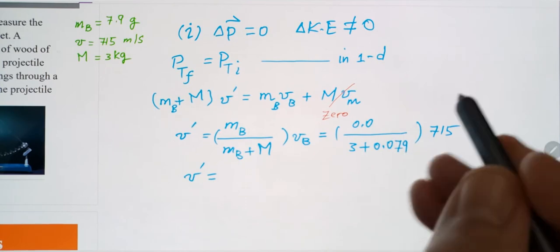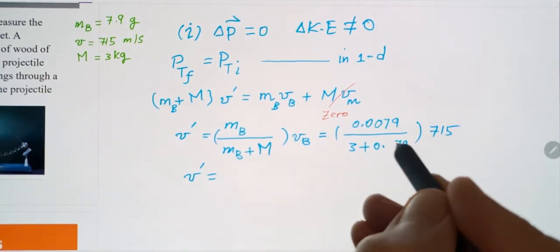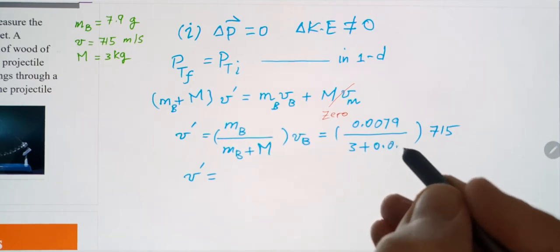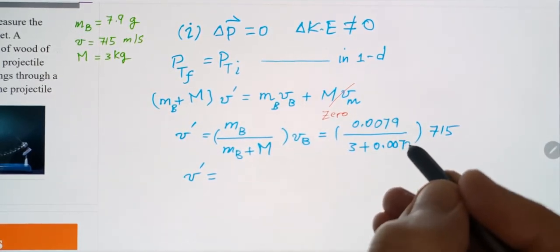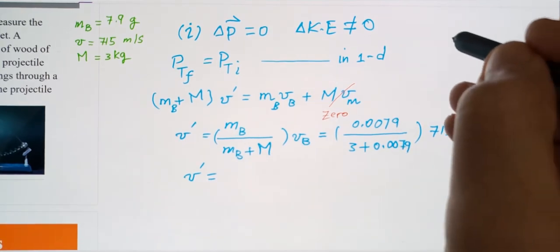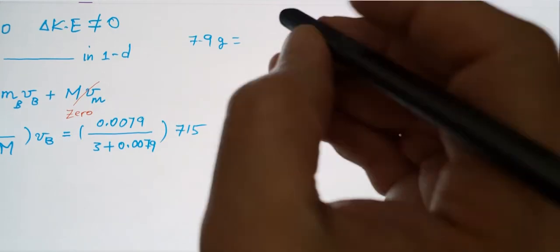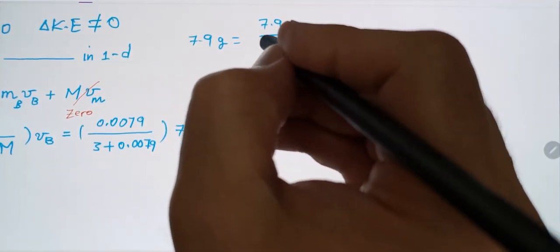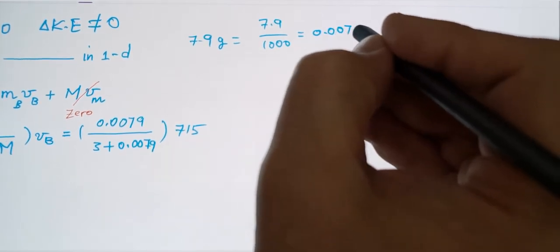Okay, so be careful here, guys. 7.9 grams, divided by 1000, is 0.0079 kilograms.